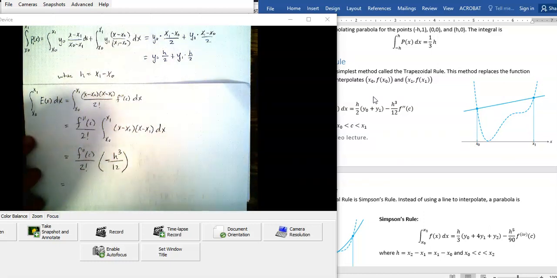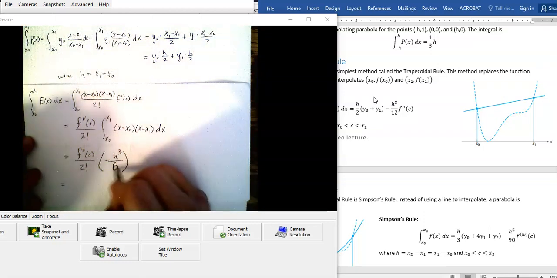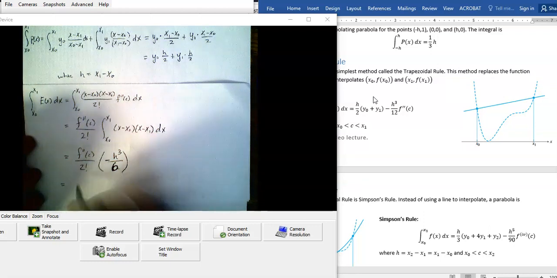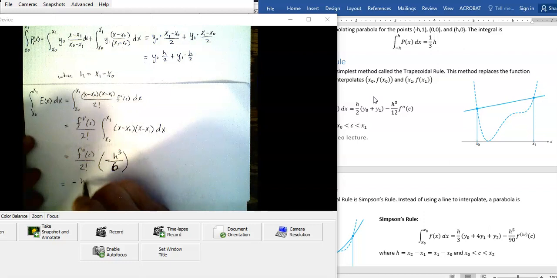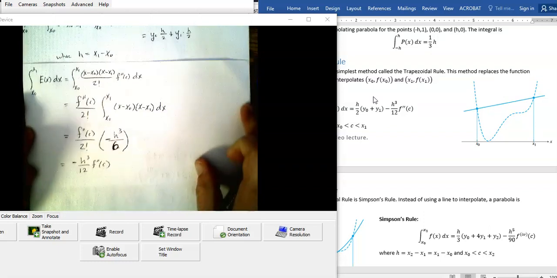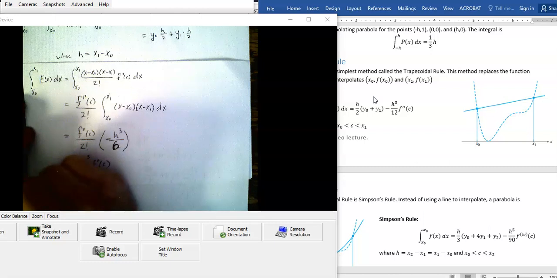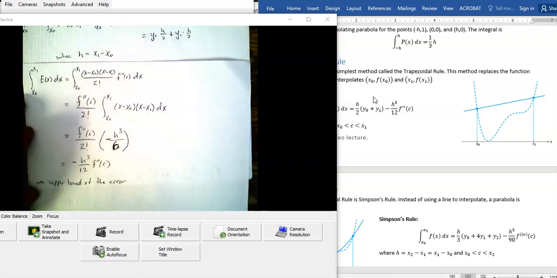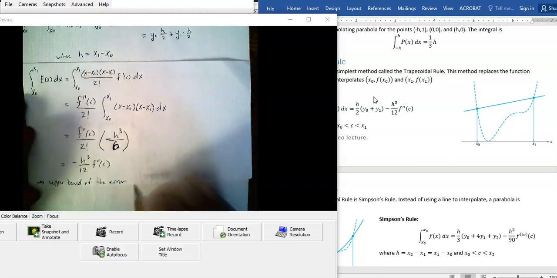You can see this in the second integral, part B, that we did. So our error term is h cubed over 12 times f double prime of c. This is the upper bound of the error for our approximation.